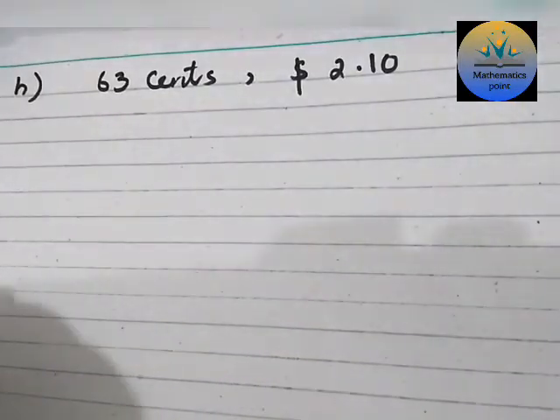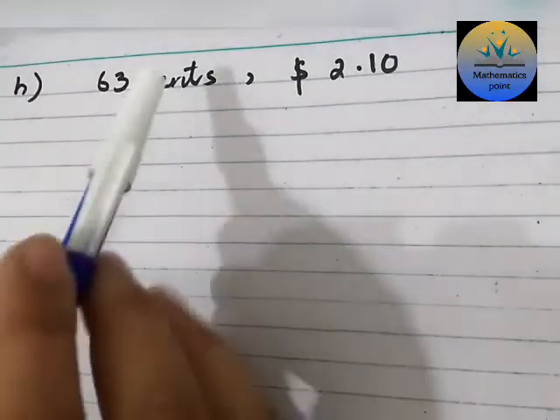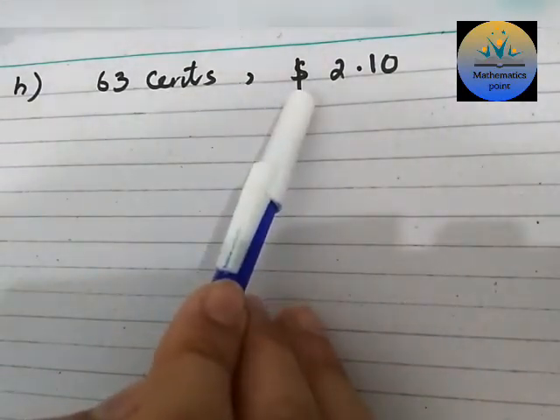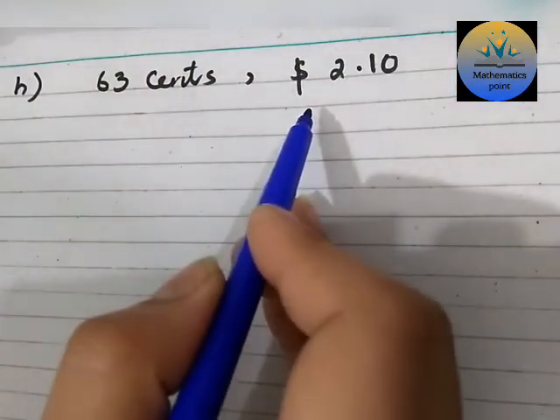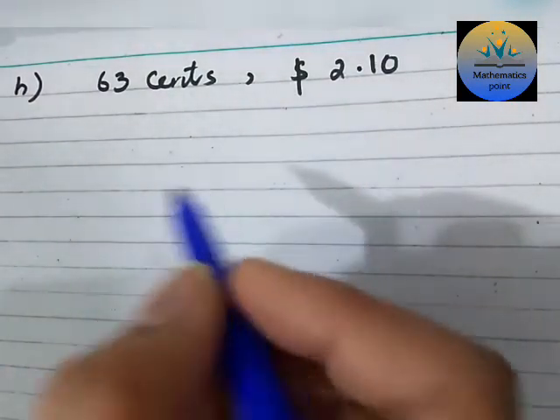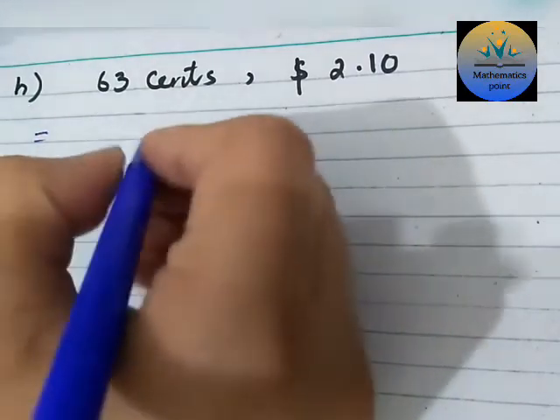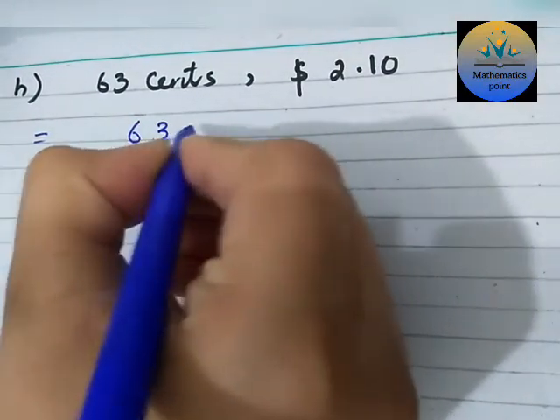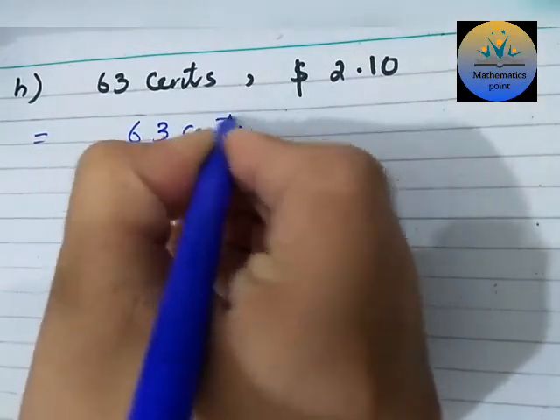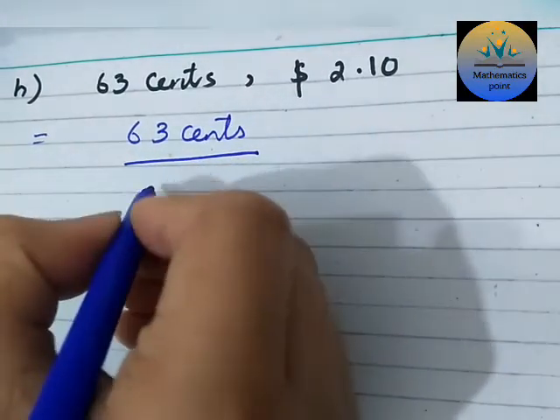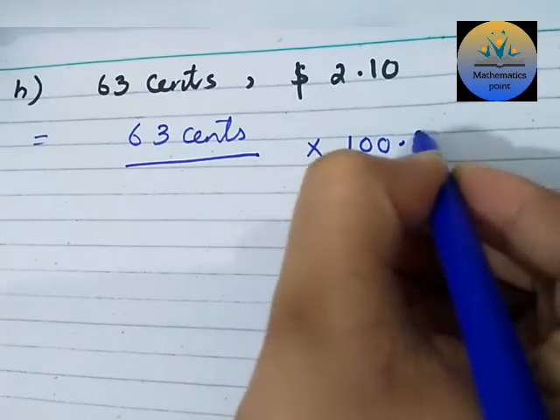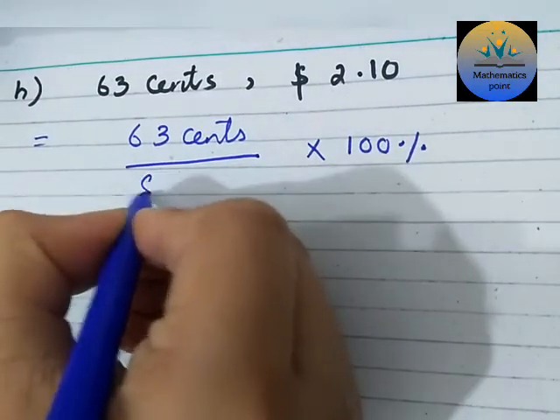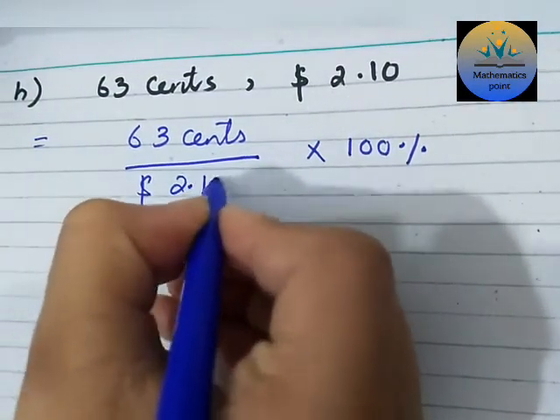So here there are two currency units. One is in cents and second is in dollars. So we have to represent 63 cents as a percentage of $2.10. So firstly we will write 63 cents. As a percentage, we multiply with 100% of what? $2.10.